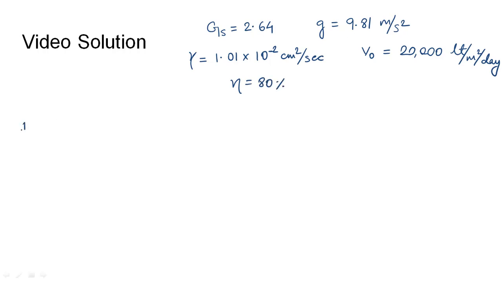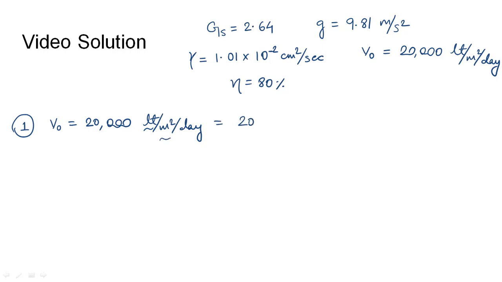So the first thing that we need to find is the surface overflow rate, which in this case is already given as 20,000 liters per meter square per day, but the unit here is not applicable for calculation, so we need to convert it into SI units.